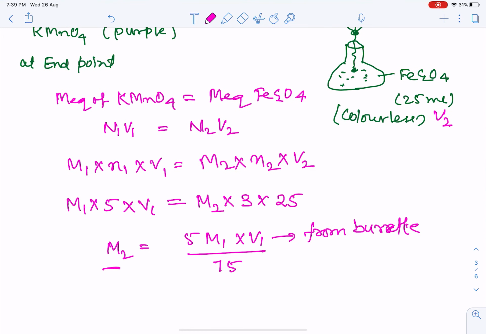From here you will get the concentration of the unknown solution, right?